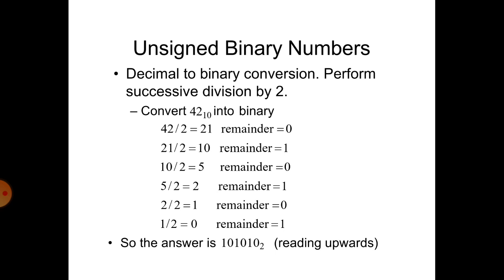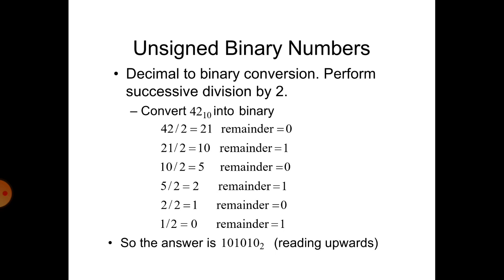For decimal to binary conversion, perform successive division by 2. Using the successive division method, we can convert the decimal number into a binary number. We already saw this problem in the previous slide. 42 divided by 2 is 21, the remainder will be 0. 21 divided by 2, the quotient will be 10, the remainder will be 1.